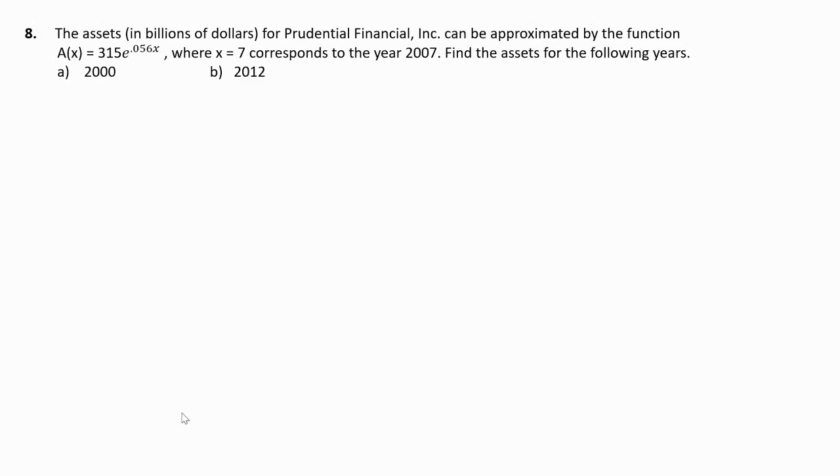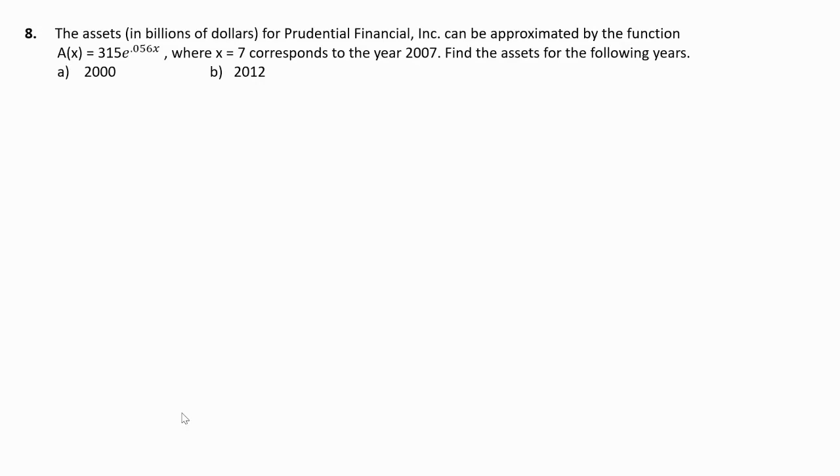Okay, now how do you apply exponential functions in real life? Here's a good example. Number 8. The assets in billions of dollars for Prudential Financial Incorporated can be approximated by the function A(x) equals 315 e to the 0.056x, where x equals 7 corresponds to the year 2007.